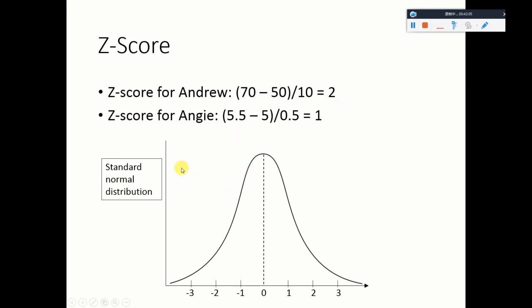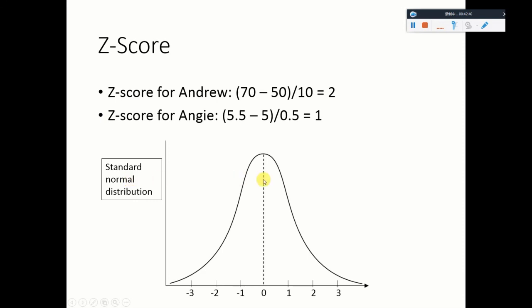So if we visualize the z-score, we'll soon talk about what we mean by standard normal distribution. But essentially, another way to understand z-scores is that we're converting these two scores, which are from very different distributions, with different means and different standard deviations, to z-scores so that we can plot all of them in a common, standardized distribution.